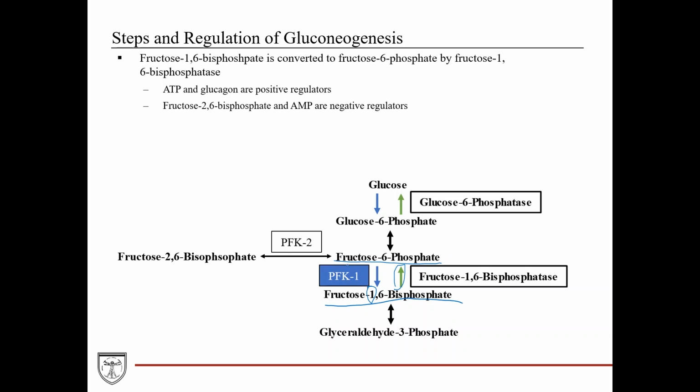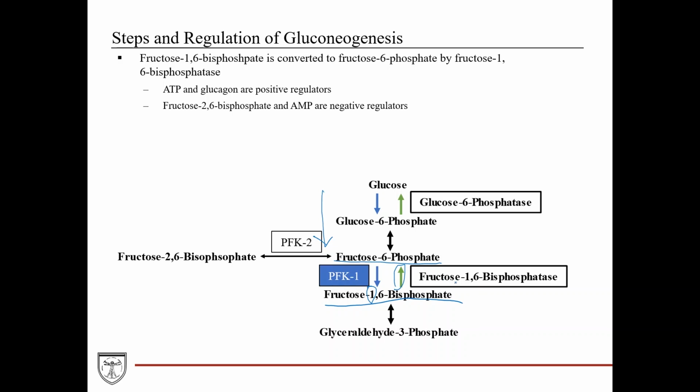I've also modified the figure a little bit on this slide to indicate that if you're going down this way from glucose through glycolysis, phosphofructokinase, or PFK1, catalyzes this step here in blue, the conversion of fructose 6-phosphate to fructose 1,6-bisphosphate, which, if you remember, is a committed step, meaning it's irreversible. So that's why you need this gluconeogenic enzyme. It's irreversible, it's the committed step, and it's very highly regulated.